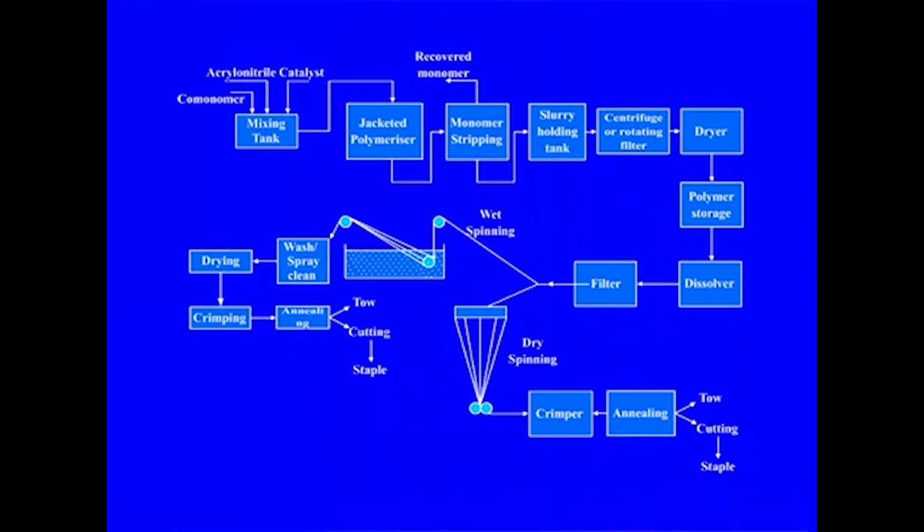Jacketed polymerization, the monomer stripping which is recycled back, and then the slurry handling, centrifuging, polymer storage, then dissolver. Here we have the dissolver, and then it is passed through the spinning bath, and after that the threads go for drying, crimping, annealing, so tow, cutting.